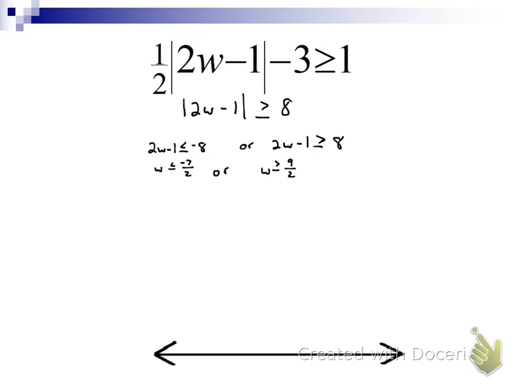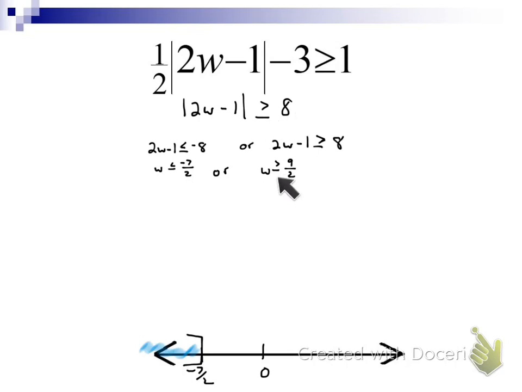Here's 0. Over here is negative 7 halves, which is negative 3.5. W is less than or equal to, so it's a bracket shaded to the left. Everybody agree with that?